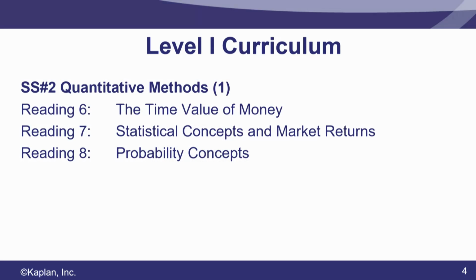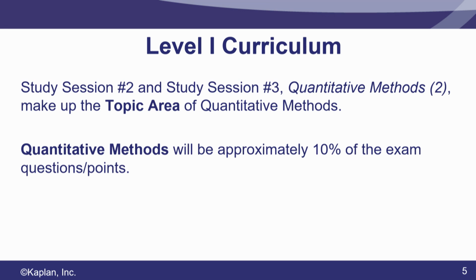So let's take a look at this breakdown so you know what you're facing in trying to learn and master this curriculum. The second study session is the first of two on quantitative methods. And it comprises 3 readings: the time value of money, statistical concepts and market returns, and probability concepts. So along with study session 3, the second part of quantitative methods, this makes up the topic area of quantitative methods.